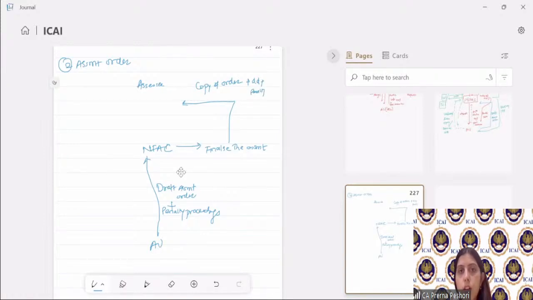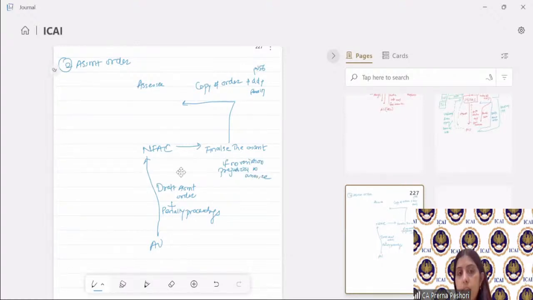Under 156, right? So it will finalize the assessment if no variation prejudicial to the assessee.